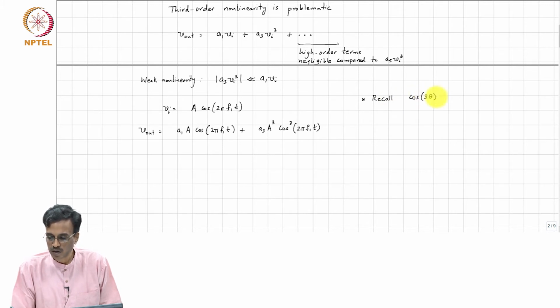Cos 3 theta is nothing but 4 cos cube theta minus 3 cos theta.